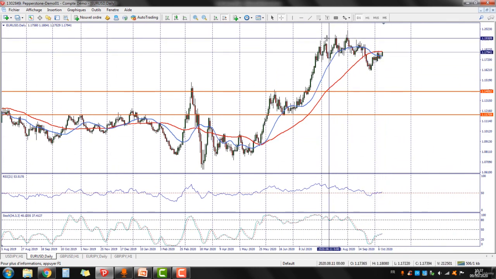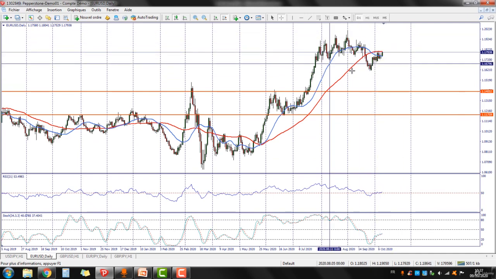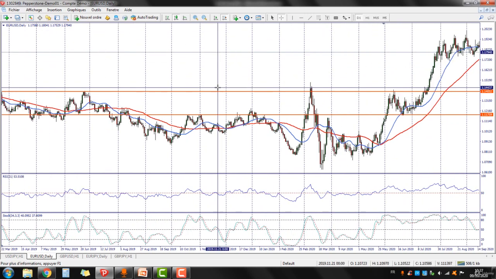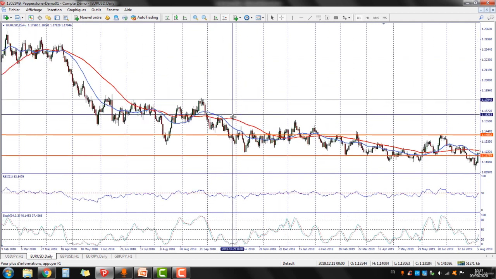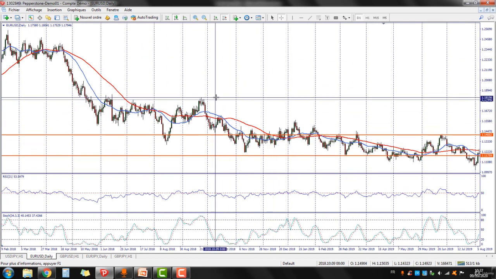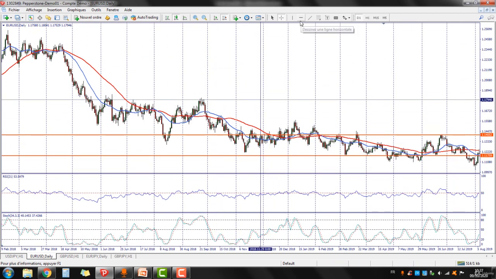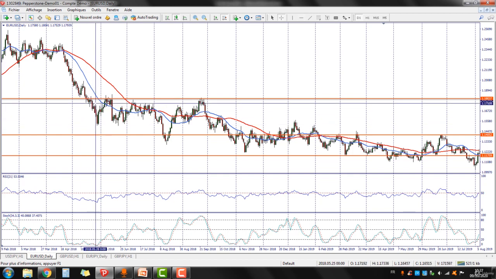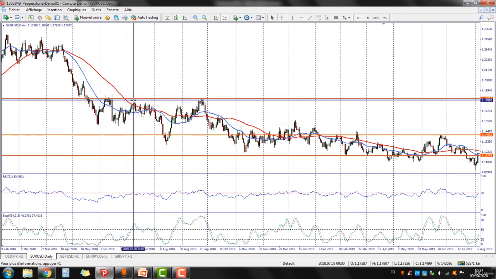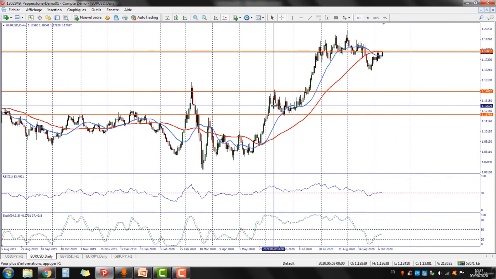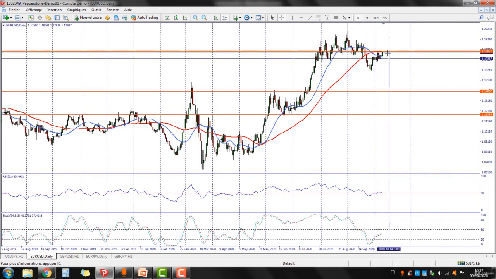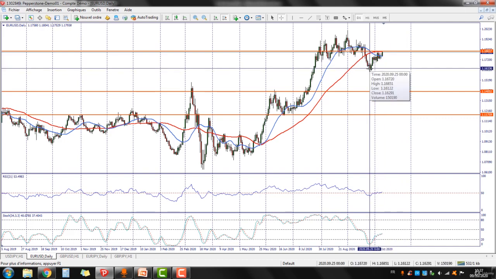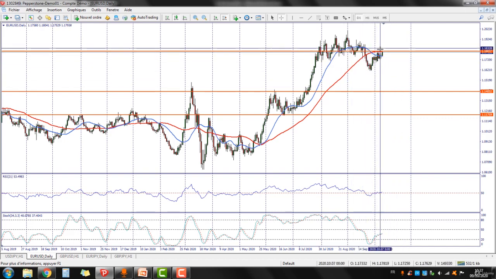If you don't have enough recent data, you can go back to retrace. We have another one here, which is a very strong resistance. Market reacted here, here, and here, and also here, where the market is right now.